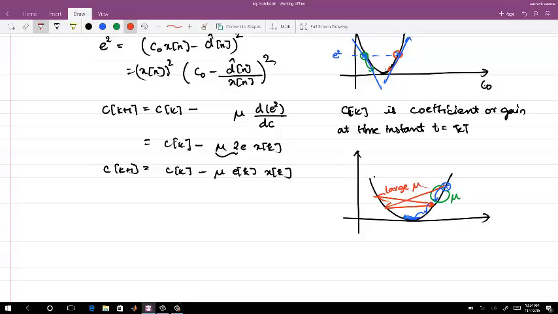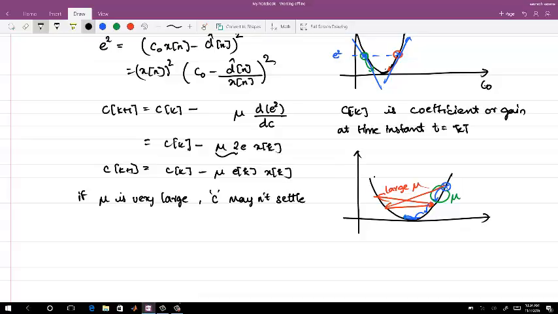If my mu is very small, I will take n number of steps to come down to the minima. If mu is very large, the coefficient c_k may not settle at all.